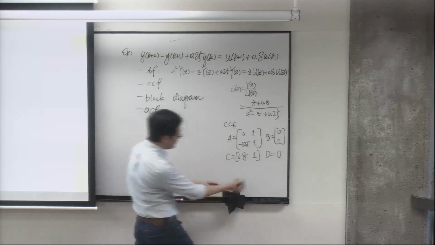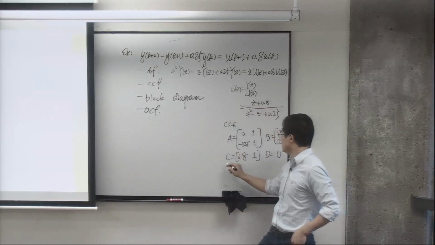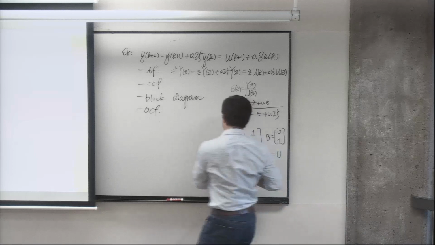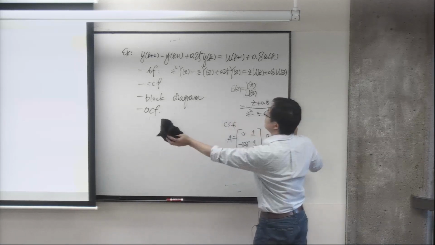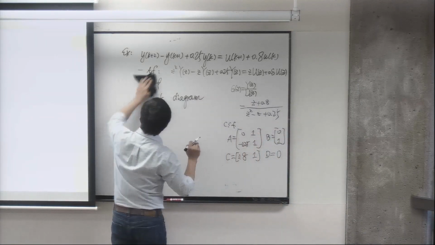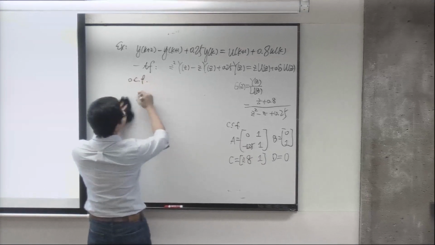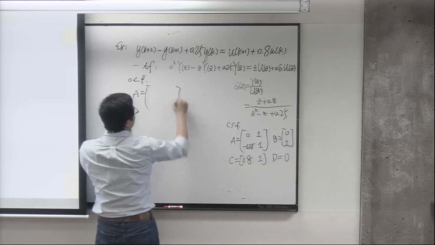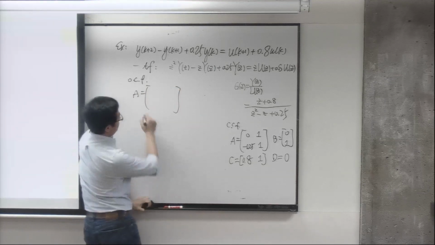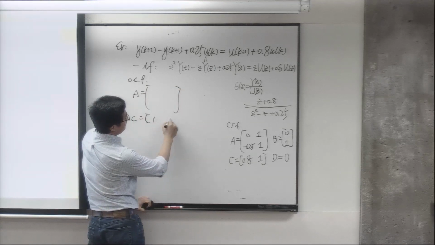Observable canonical form is easy. So for this part, OCF is, you can write out the easy things first.